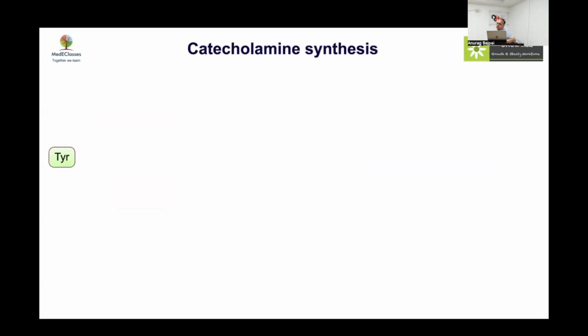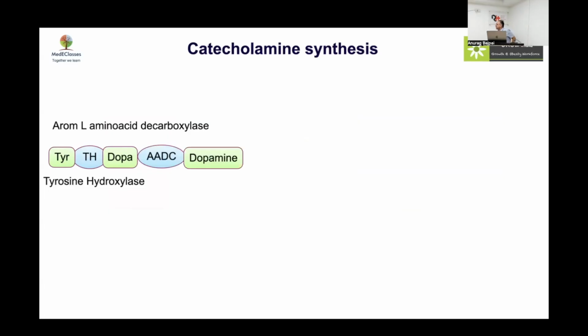As discussed, all of them have tyrosine as the originating compound. They are all derived from an amino acid, so they are known as biogenic amines. The first enzyme activity is tyrosine hydroxylase, which converts tyrosine into dopa and then dopamine, and dopamine beta hydroxylase converts dopamine to norepinephrine. There are multiple enzyme activities, and the first rate-limiting enzyme is tyrosine hydroxylase.